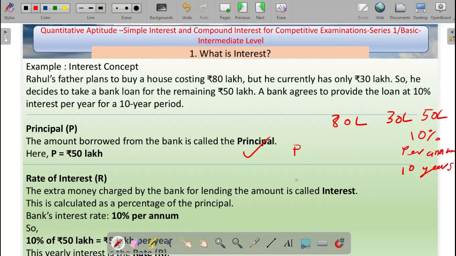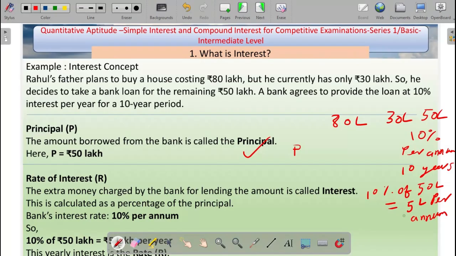Then the rate of interest: the extra money charged by the bank for lending the amount is called interest. This is calculated as a percentage of the principal. Here the bank approved Rahul's father at 10% per annum, so 10% of 50 lakhs per annum will be 5 lakhs per annum.